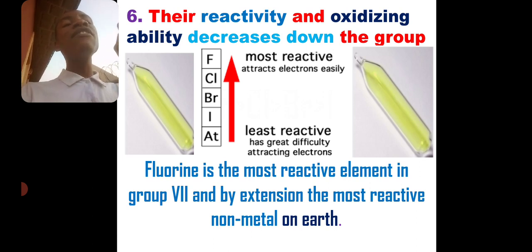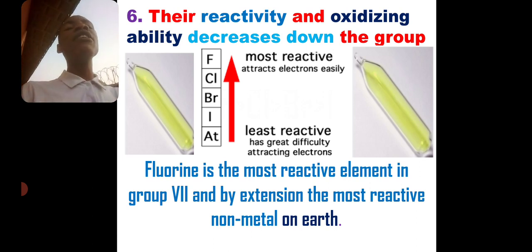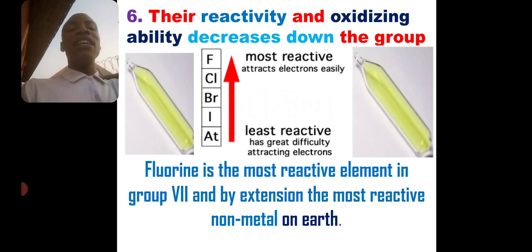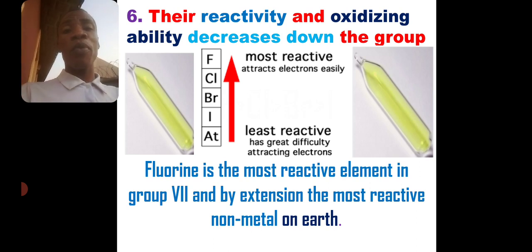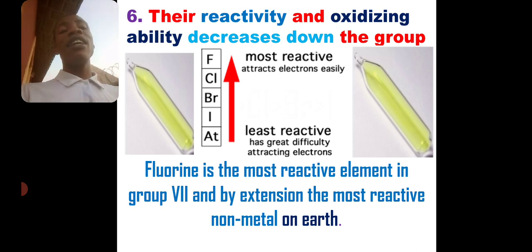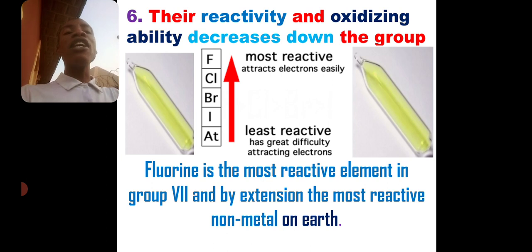Then the reactivity and the ability to oxidize decrease down the group. That means fluorine is the most reactive element in group 7, and by extension the most reactive non-metal on Earth. As you go down the group, there's a decrease in reactivity.